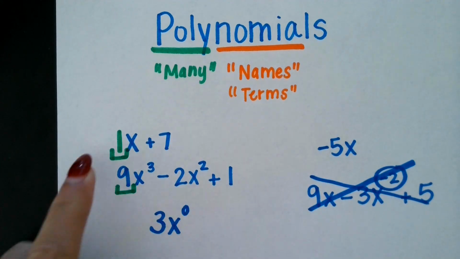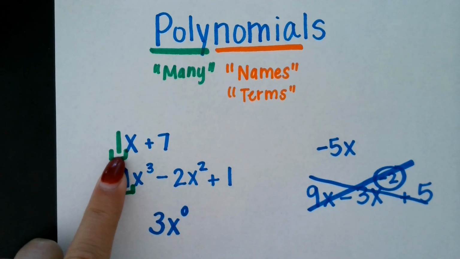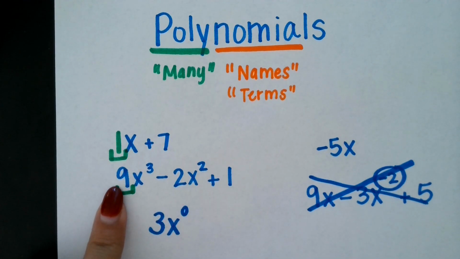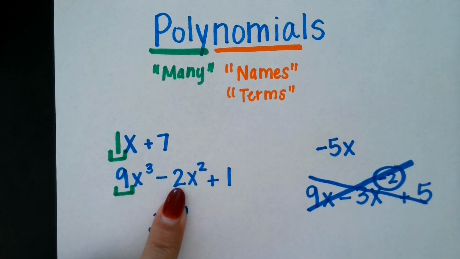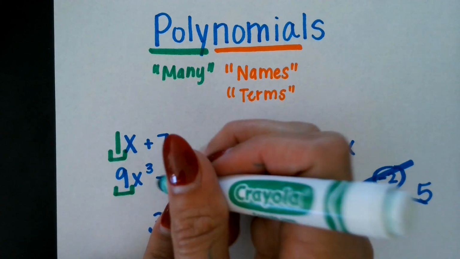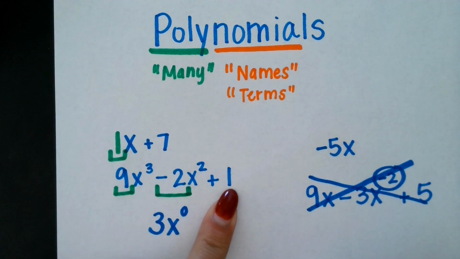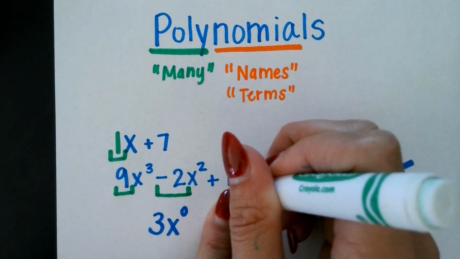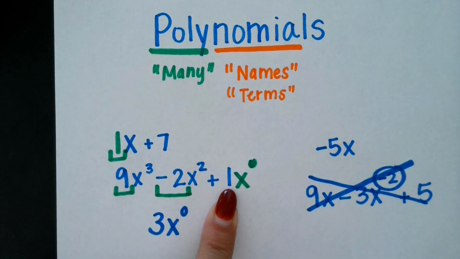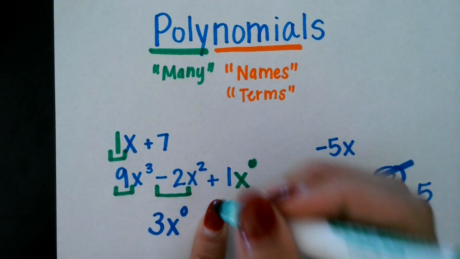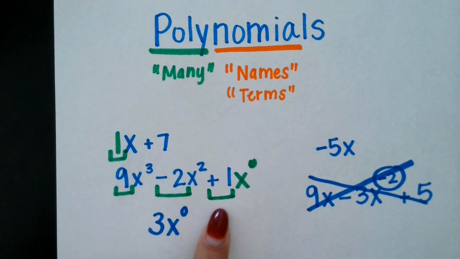So like 1, even though it isn't written there, there's a 1 in front of that. There's a coefficient. This one, the coefficient is -2, in front of that x squared. This 1 could also be considered a coefficient because there would be an invisible x to the 0 right there.